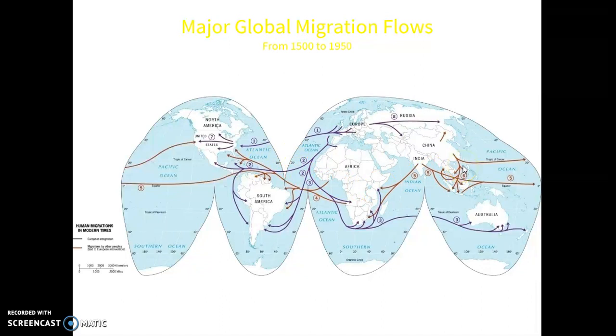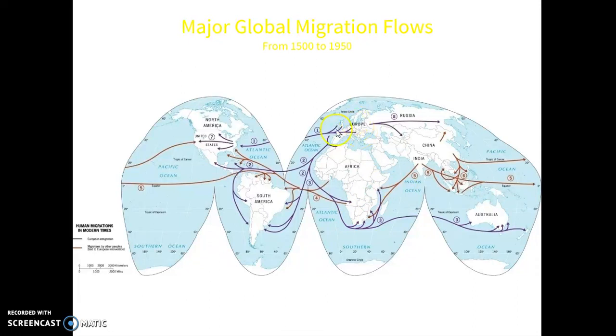This is when you saw a lot of people leaving India, migrating to East Africa and to South Africa. This has to do with colonization to some extent, because Britain had colonized India, and then people from India moved to South Africa and places in Central Africa where the British had also colonized.